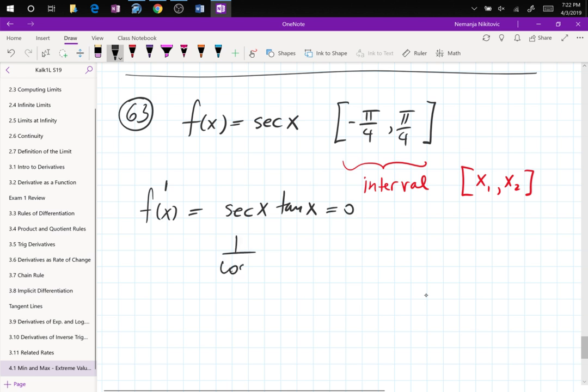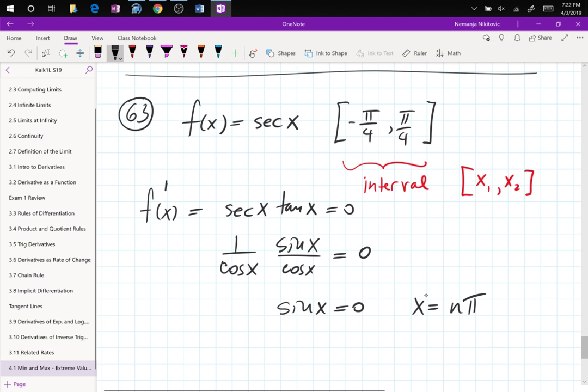Secant is 1 over cosine x. Tangent is sine x over cosine x equal to 0. So when you cross multiply, you just get sine x equal to 0. So x is equal to n pi.